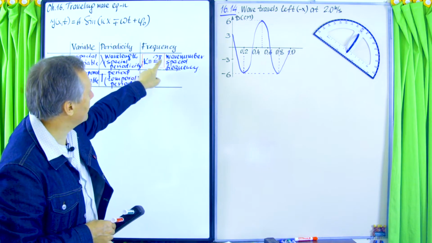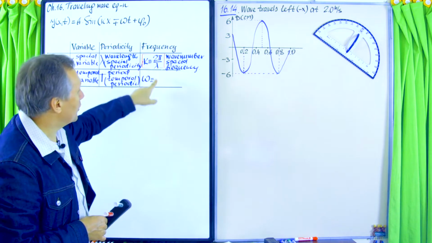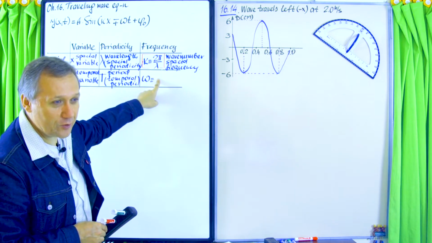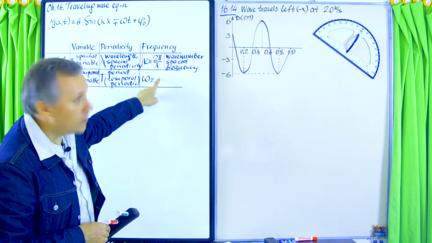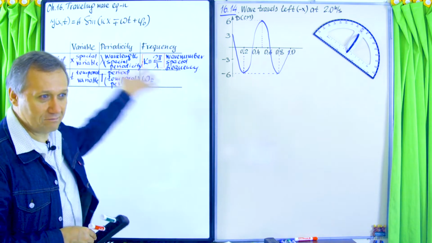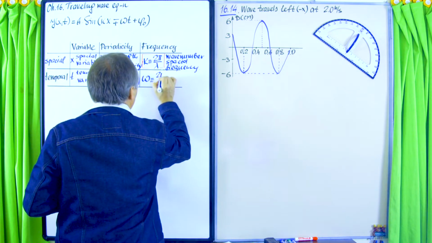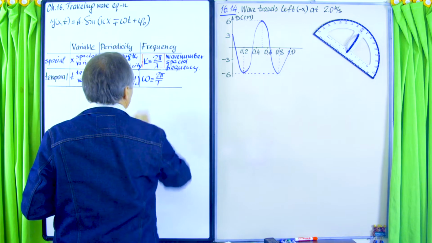Look, we introduced wave number as 2 pi divided by the spatial periodicity, lambda. So guess how we should introduce this angular frequency? 2 pi divided by the temporal periodicity in exactly the same way. So it will be 2 pi divided by the period.